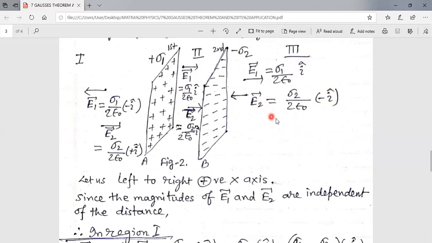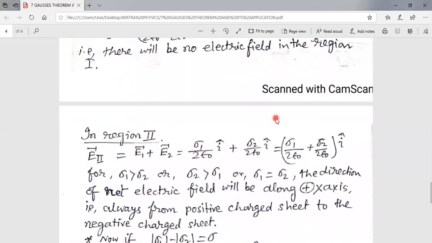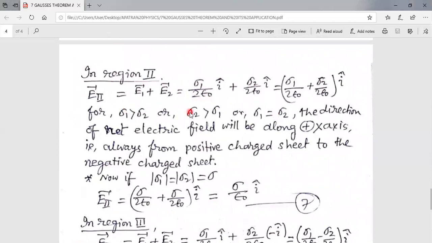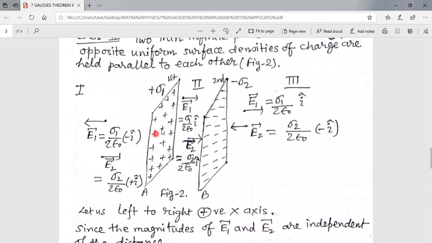That means 0. And in such a case, the field will be only within the second region. In the second region, whatever the values of sigma 1 and sigma 2, the direction is always from right to left, always from the positive to the negative, because it is toward the negative due to the negative sheet, and away from the positive due to the positive sheet.